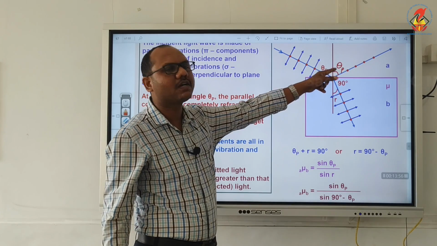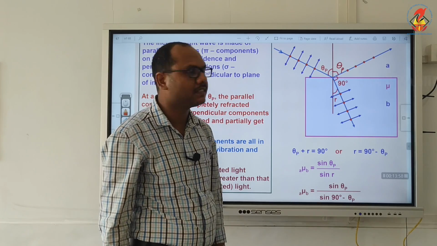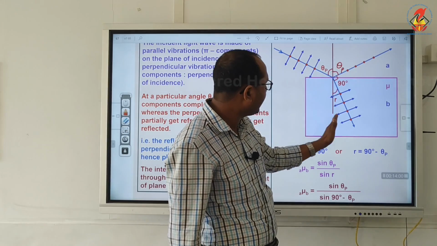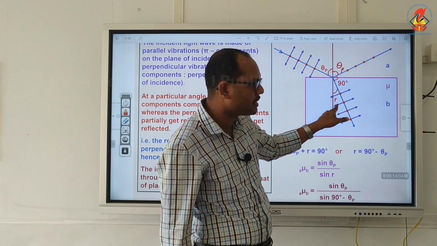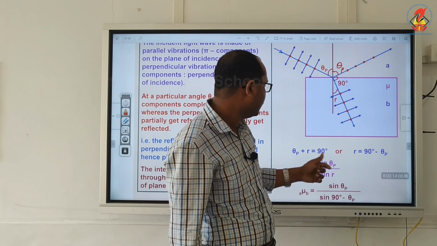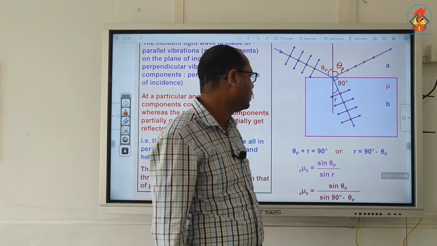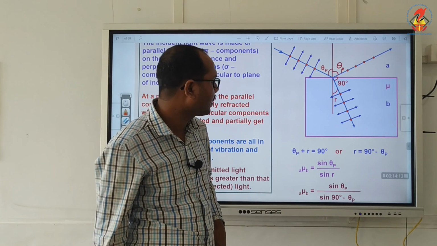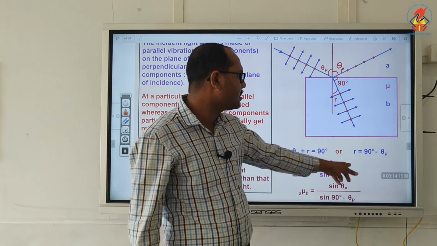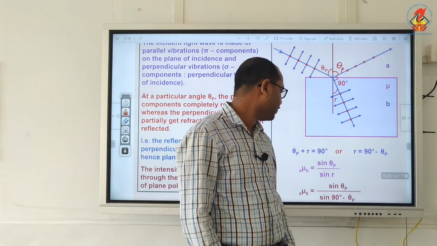Angle of incidence equals angle of reflection. That is why. This is 180 degrees. So theta p plus 90 plus r is equal to 180 degrees. So theta p plus r is equal to 90 degrees. Okay? Or r is equal to 90 minus theta p.